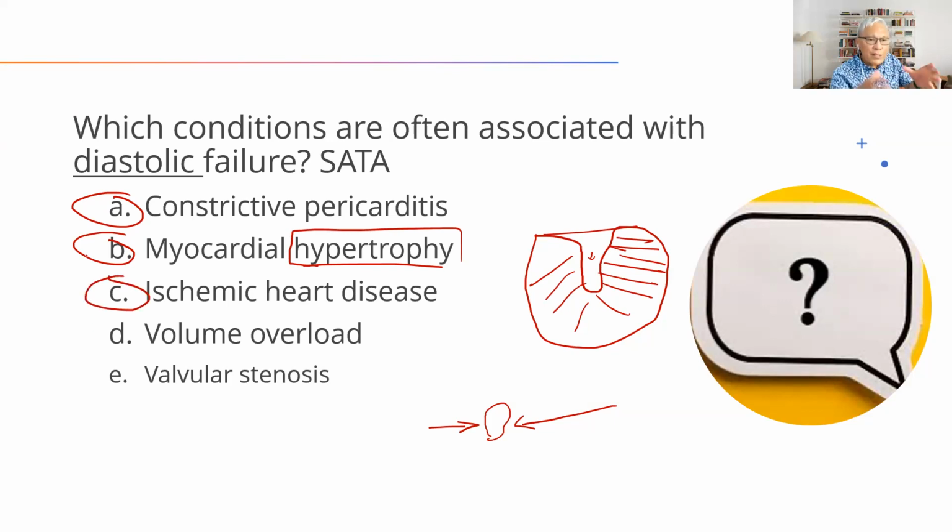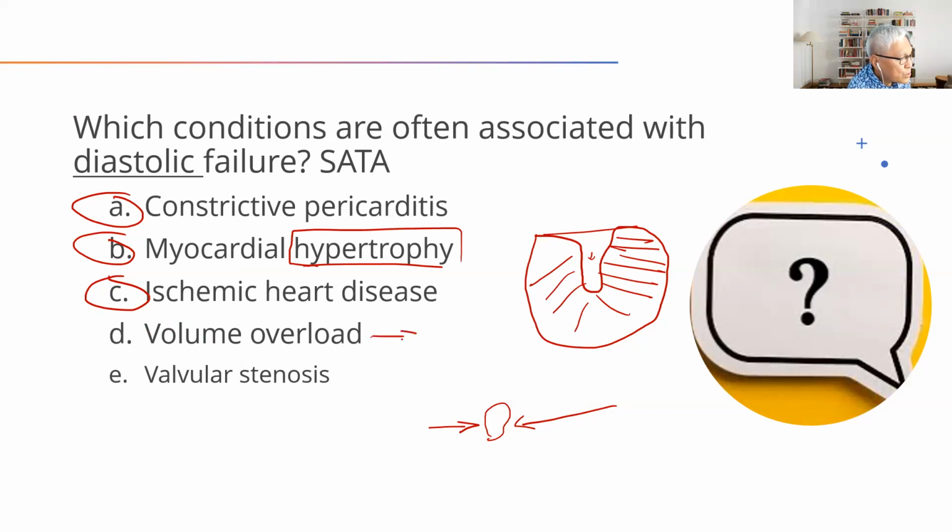All right, so let's say that this is the heart and you're contracting like this, but then you're opening very slowly. That is also going to cause diastolic dysfunction. So usually when we have ischemic heart disease, that could also cause it. But the ones that are absolutely incorrect are fluid volume overload.